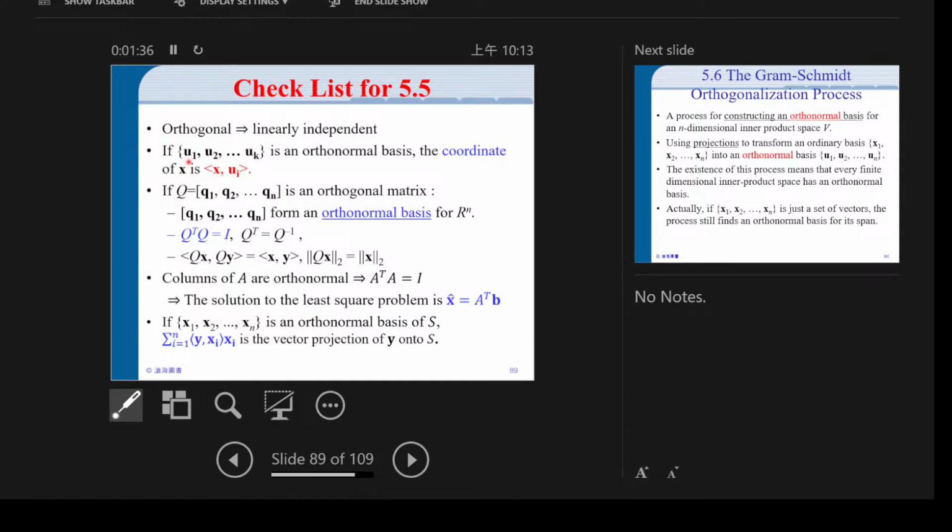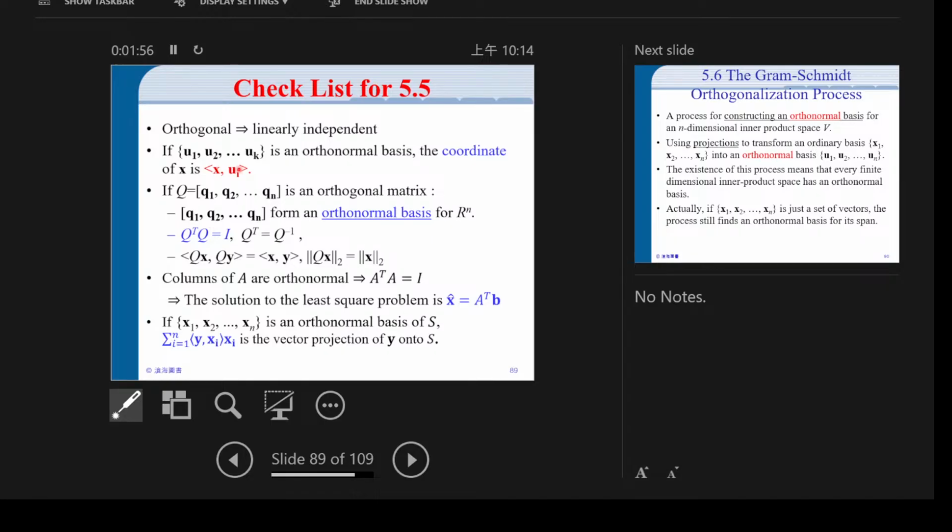Then coordinates can be calculated in this way: any vector x has coordinates against the orthogonal basis. You can just take the inner product of your vector with your basis element. Okay? So an orthogonal basis is really nice.